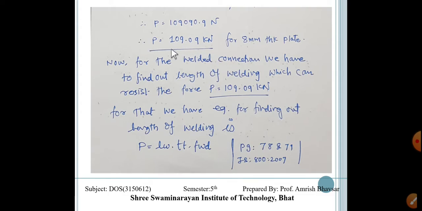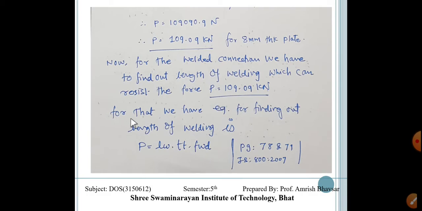Now we found out the force which acts on the connection. For this force we have to find out the length of welding which can resist this much force. For the welded connection we have to find the length of welding which can resist the force, P equal to 109.09 kilonewton.